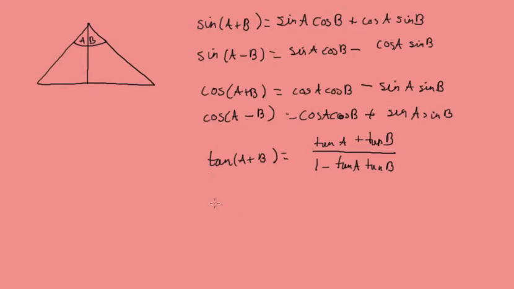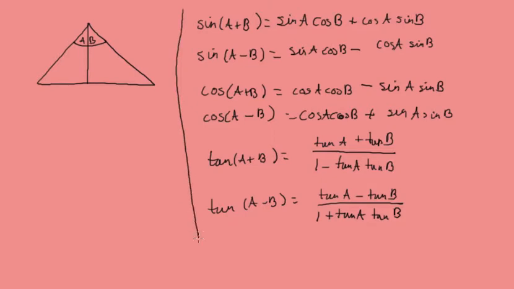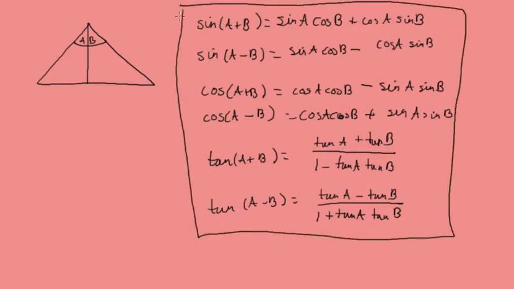And then we've got tan A minus B is equal to tan A minus tan B over 1 plus tan A tan B. So these are the 6 compound angle formulae, and let's look at how we can use them in an example.